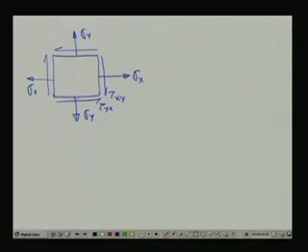Now, this is an element, just like an element A, or this could be element B. What we have just taken up in this example could be any element.